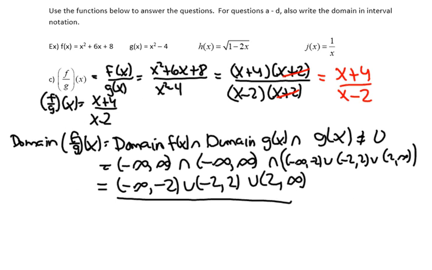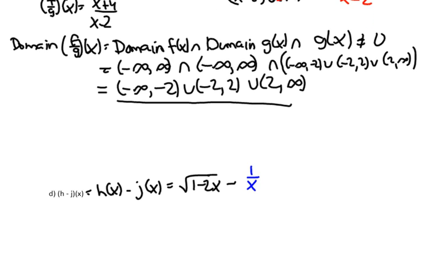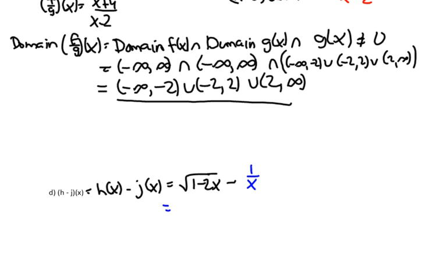All right, let's go to part D then. Now I have h minus j of x. So again, I'm going to separate and have it be h of x minus j of x. Well, we know h of x is the square root of 1 minus 2x, minus j of x. I'll do it in a different color. That's 1 over x. Now, this problem is rather bland. I'm going to rewrite it as one fraction, meaning I need an LCD, and the LCD is x.